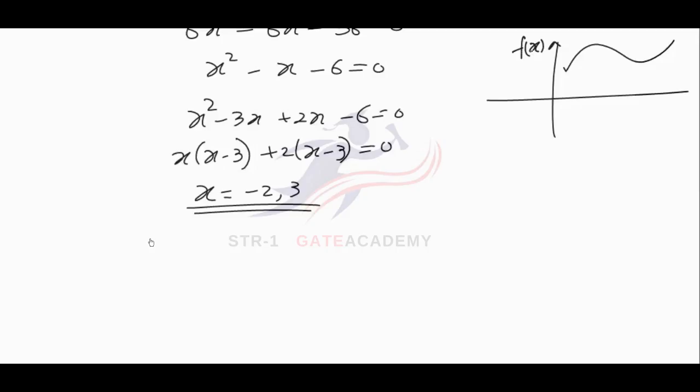By doing f dash x, we are trying to find out the slope. F dash x is nothing but the slope at any instant x, and we are substituting that to be 0. So f dash x 0 means I'm talking about this point, or this point. I'll use a darker pen.